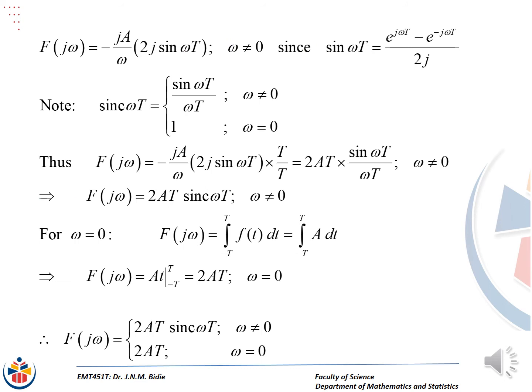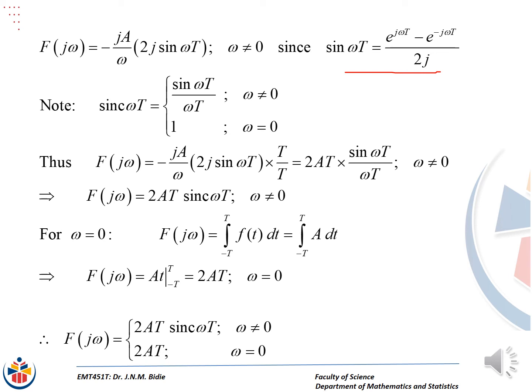Therefore, sine of omega t is supposed to be e to the power j omega t minus e to the power negative j omega t, all divided by 2j. And therefore, because of that, we change the exponential part of our Fourier transform to 2j sine omega t.